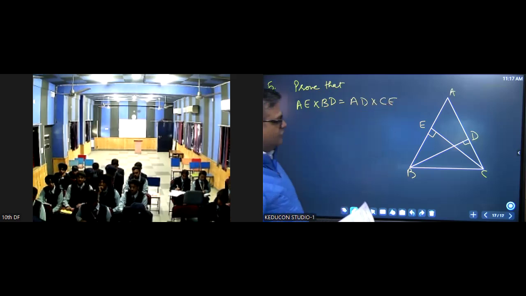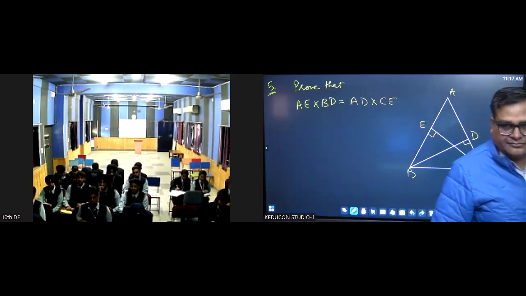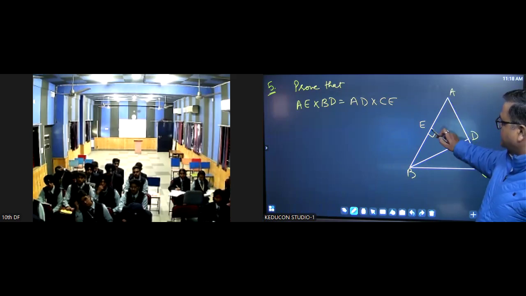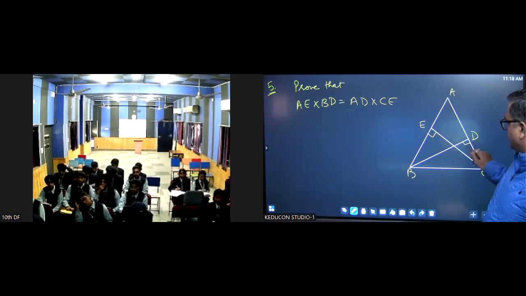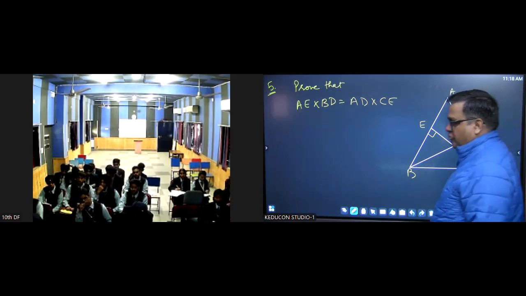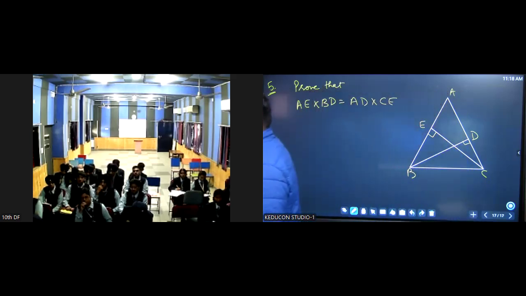This we have to prove. How to prove this? These two are perpendiculars.